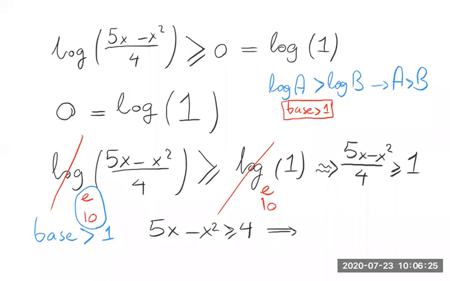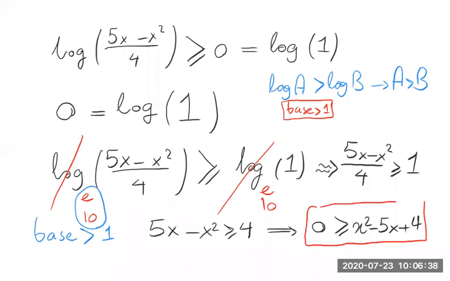If I take everything to the right-hand side, I get x squared minus 5x plus 4 should be less or equal than 0. Is there any question up to here?